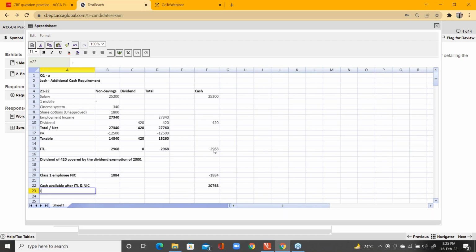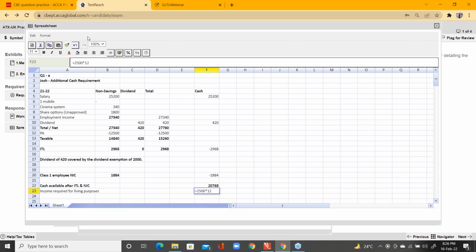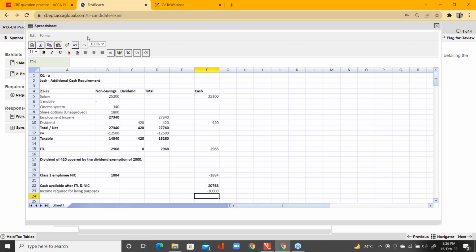But it is mentioned that income is required for living purposes. And what's that amount? The relevant amount is 2,500 per month for the whole tax year, into 12 months. So cash required is 30,000. But after paying liabilities, he is only having 20768.